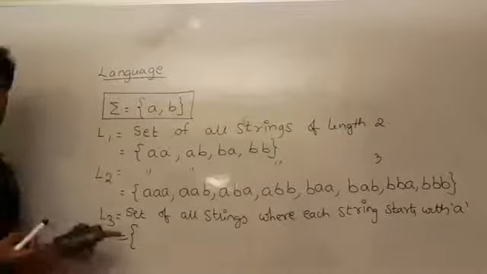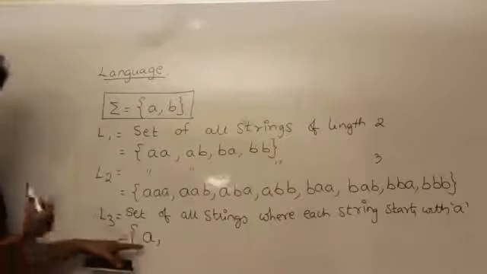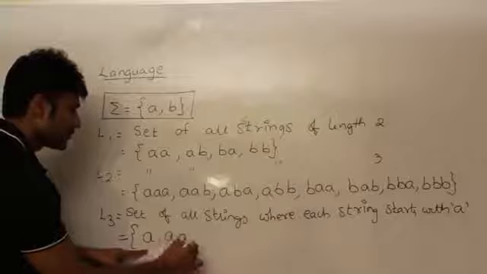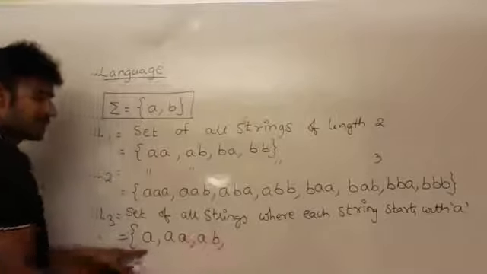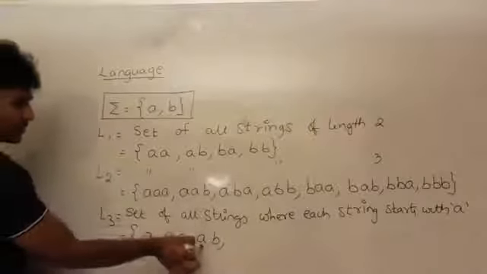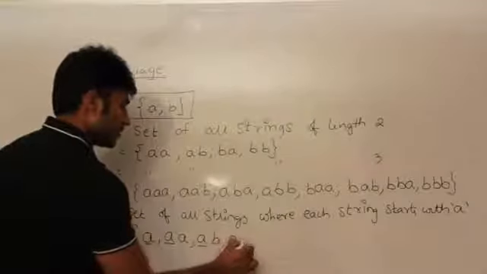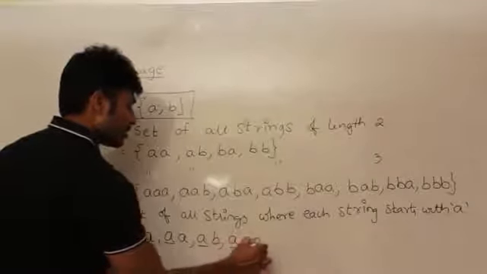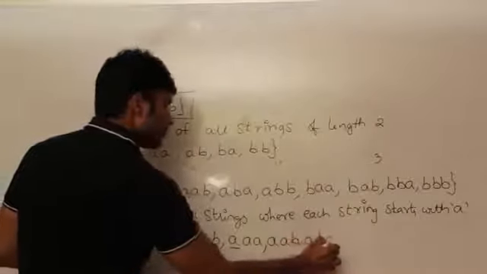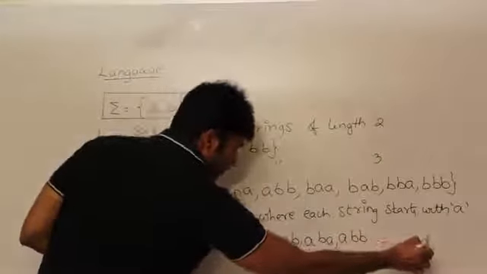So the smallest string which starts with a is a, right? And the next biggest strings which start with a are aa or ab. And the next strings are a followed by aa, or a followed by ab, or a followed by ba, or a followed by bb, and so on.